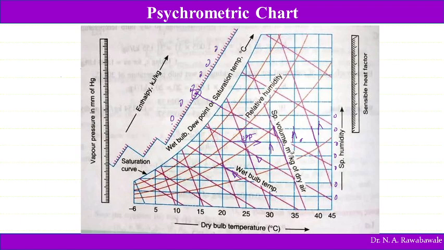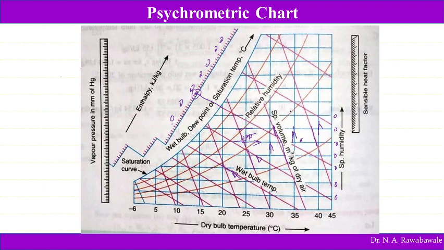These enthalpy values give us the enthalpy of air at a particular dry bulb temperature and wet bulb temperature. If we know any two properties of air, the rest of the properties can be obtained using this psychrometric chart. So the psychrometric chart is a combination of properties of air, and those properties are represented as lines or curves on this chart.